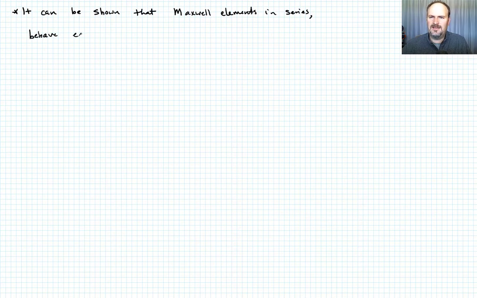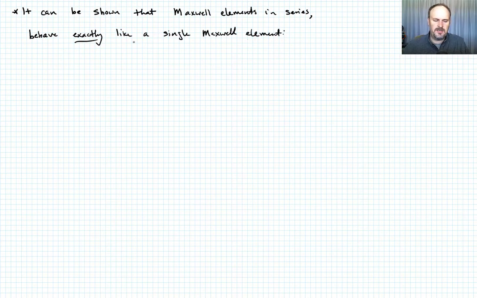So there's no need for them. Let me tell you how you would get it. If you had a bunch in series, you would choose a single Maxwell element where E was given by the sum from i equals 1 to n, over your Maxwell elements, of 1 over E sub i, and then you'd take the inverse of that.